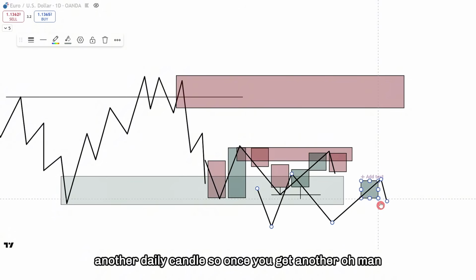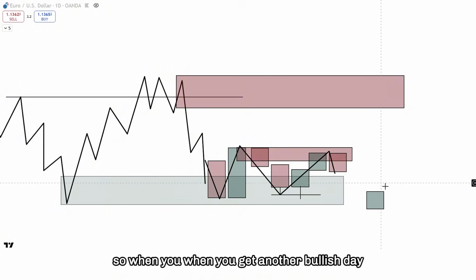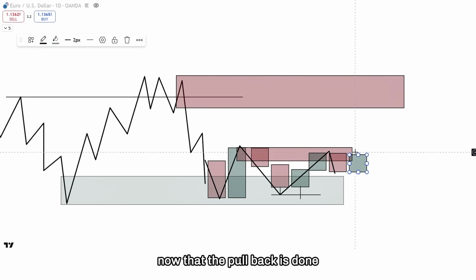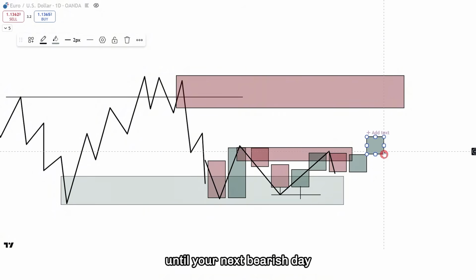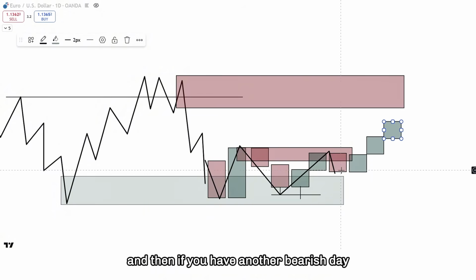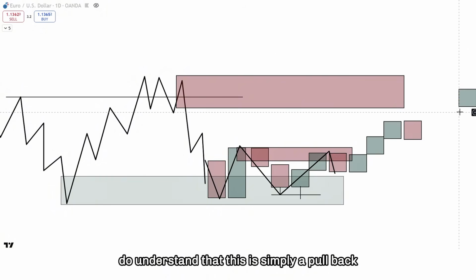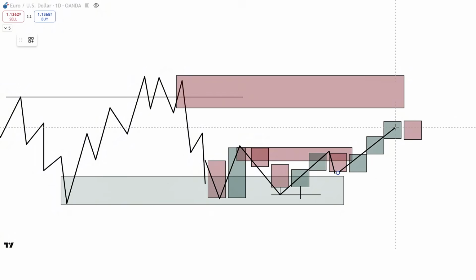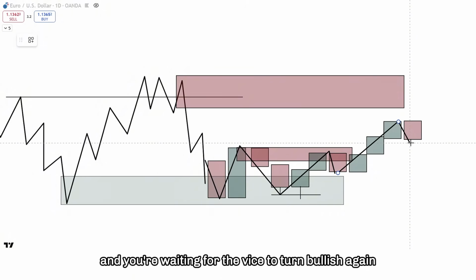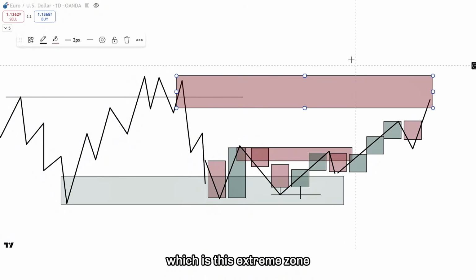So when you get another bullish day, now that the pullback is done, you're back to having a bullish bias until your next bearish day. And if you have another bearish day or multiple bearish days, do understand that this is simply a pullback, and you're waiting for the bias to turn bullish again so you can take price to your final target, which is this extreme zone.